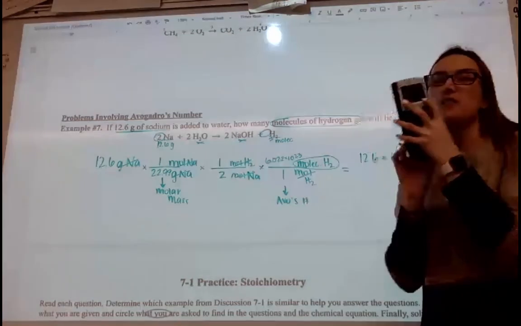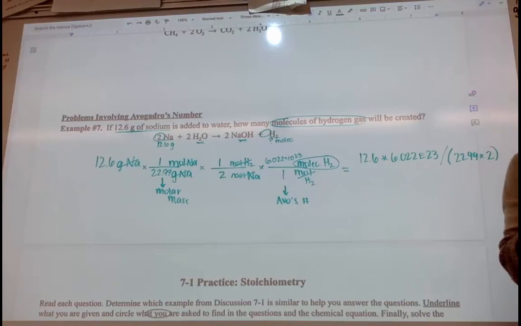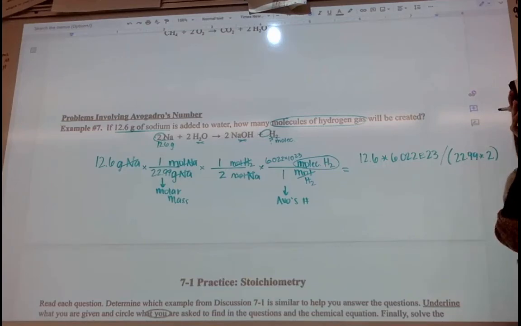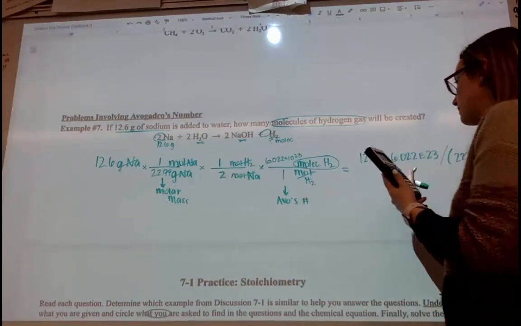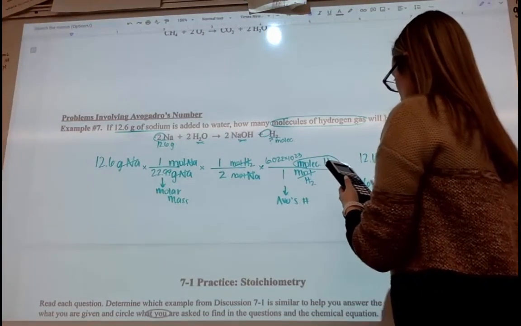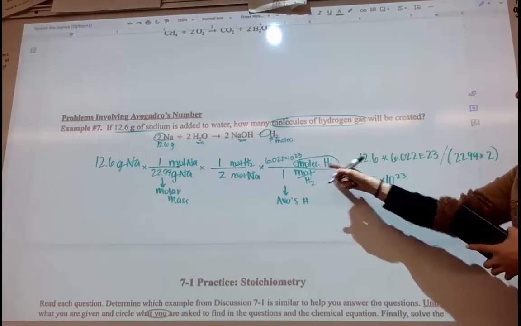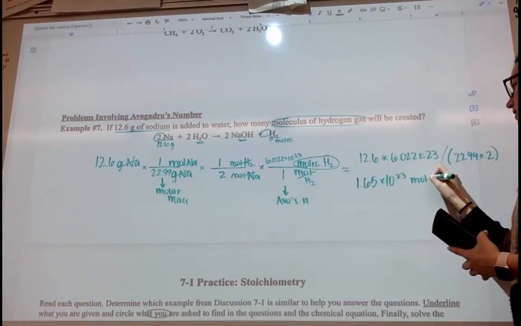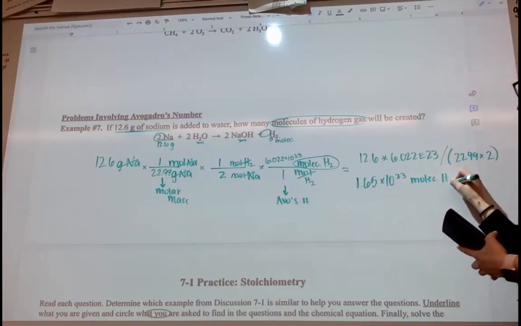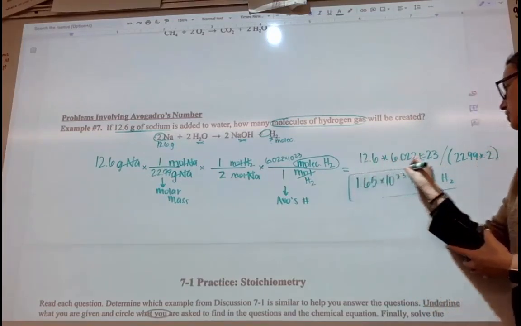Make sure you look off to the side when you get your answer. On one of the smaller calculators, you'll notice this times 10 over to the side and then the exponent. If you have a graphing calculator, you'll just see that E. That E means times 10. You get 1.65 times 10 to the 23rd. And then your answer with units is molecules of H2.